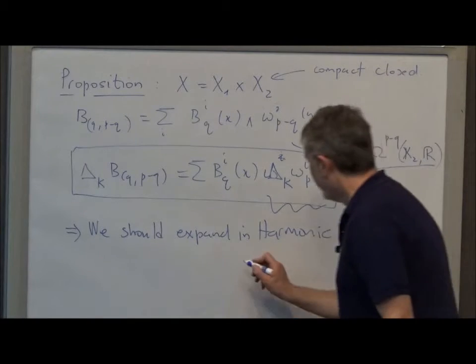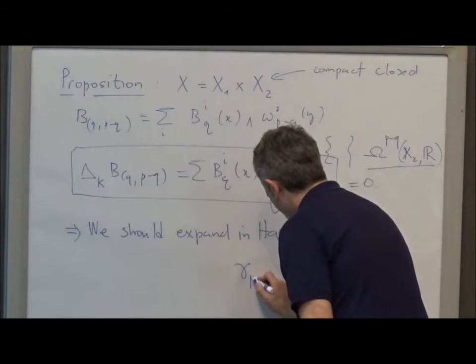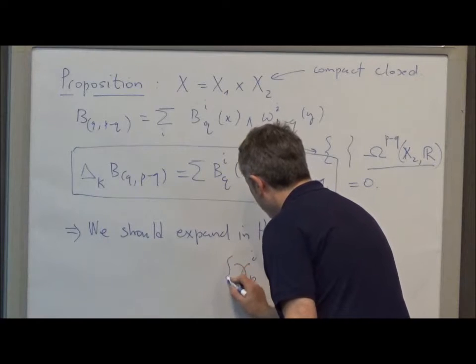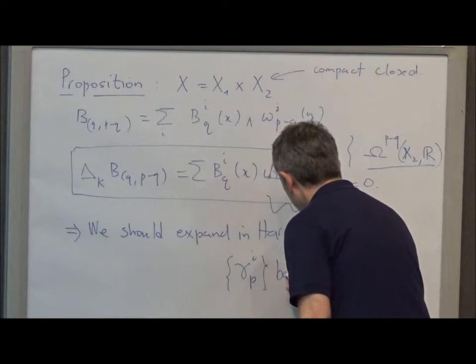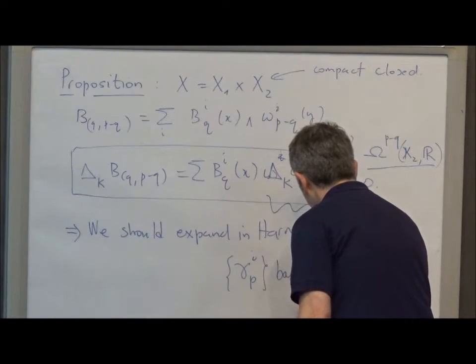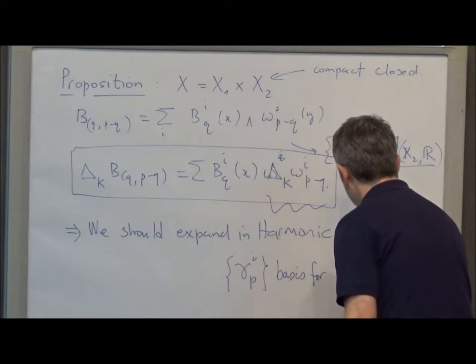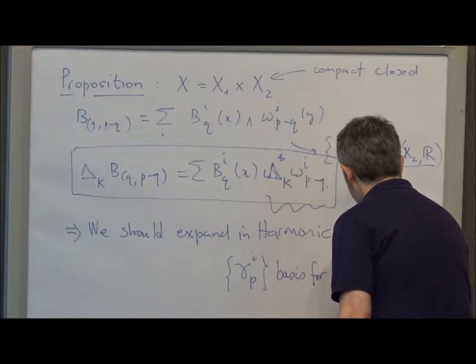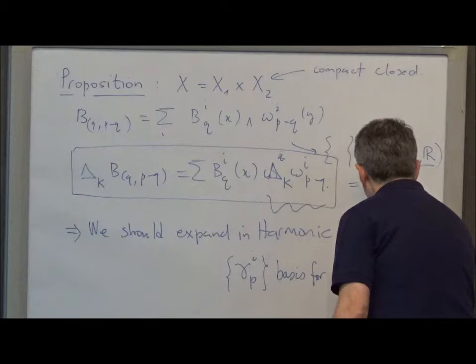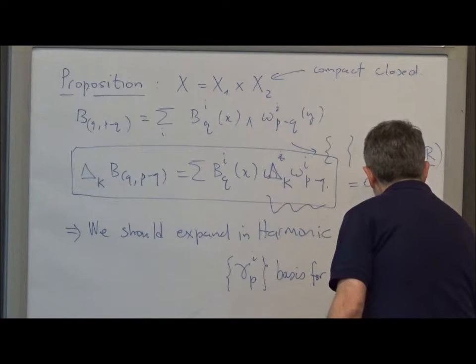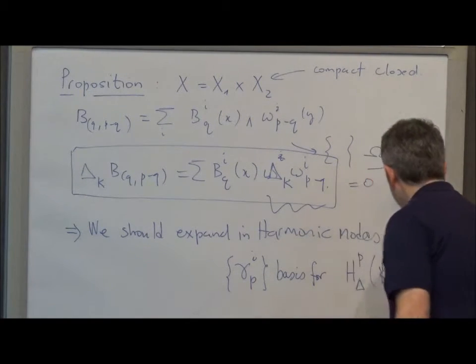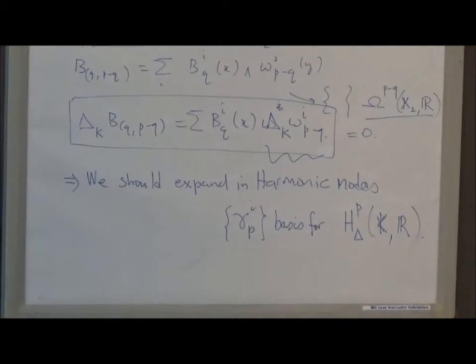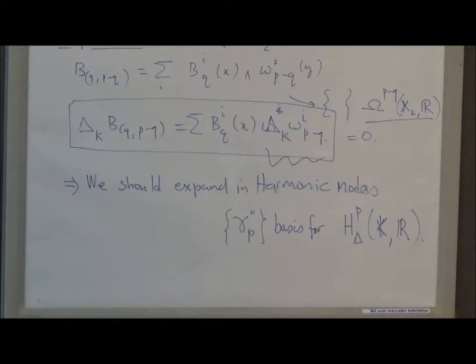So if I take harmonic p forms, this is a basis for H^p of K, in our case we called it K, so I'll keep it in R, because that's where I want to be. Okay, long story short.